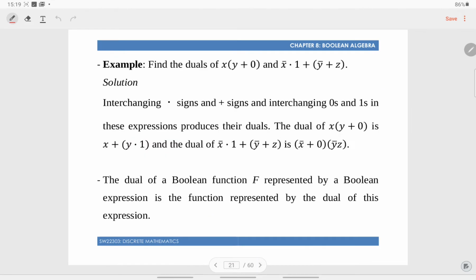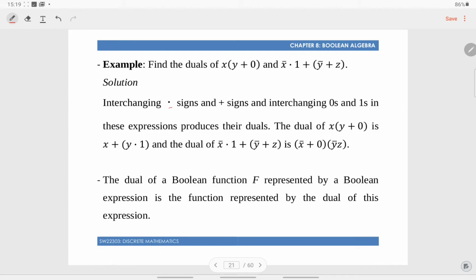Okay, for example, find the duals of these two expressions. First, we have x times y plus 0, and x complement times (1 plus y) times (y complement plus z). We interchange one by one.